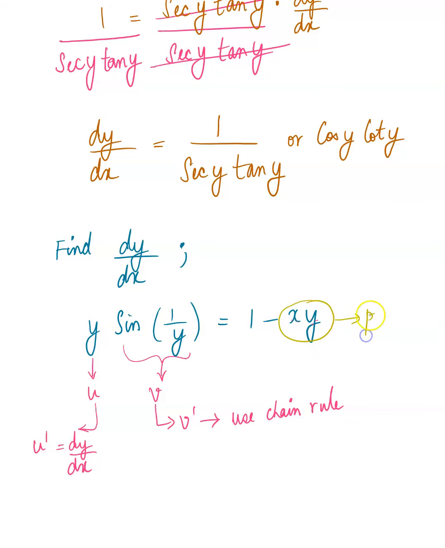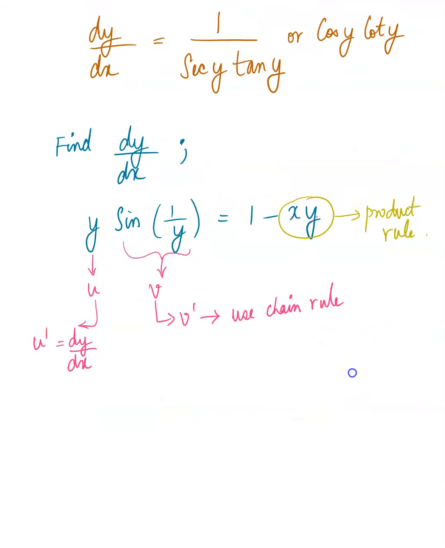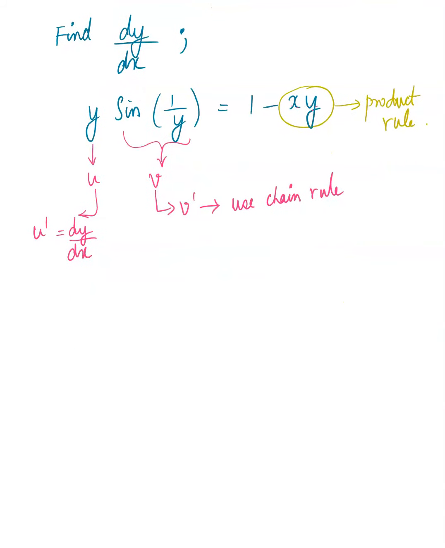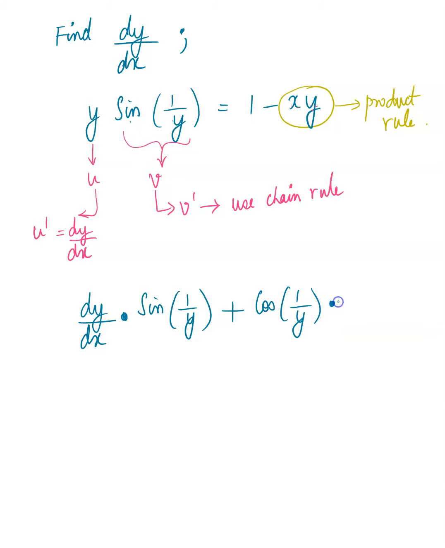Product rule. Okay, with all the plans there, u prime v plus v prime u. So u prime times v plus v prime, so derivative of the outside times derivative of the inside, cosine 1 over y times derivative of the inside.